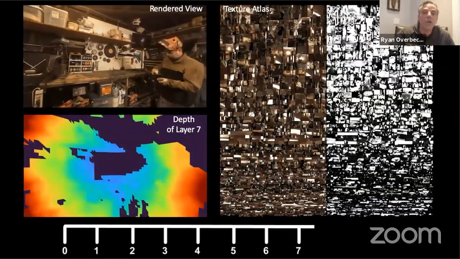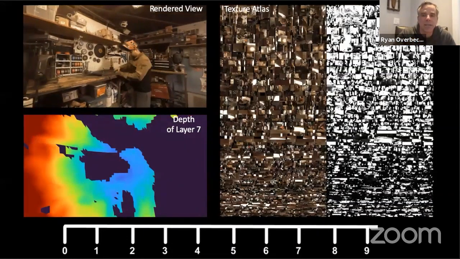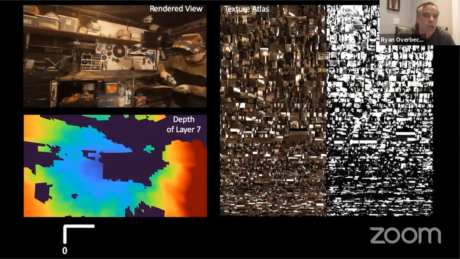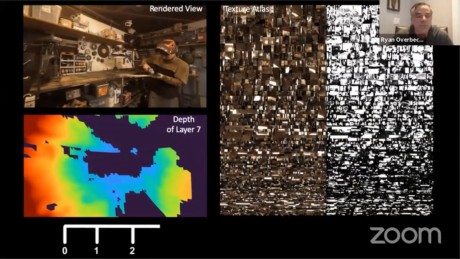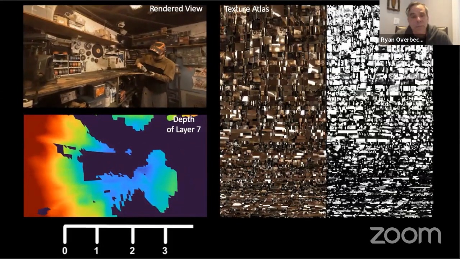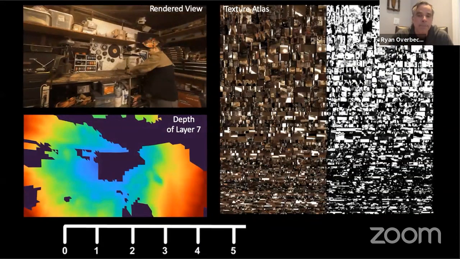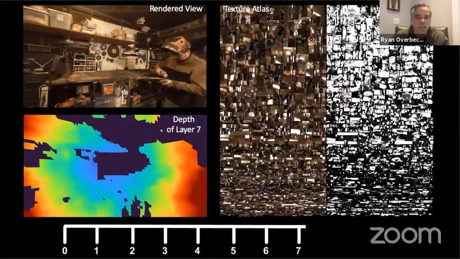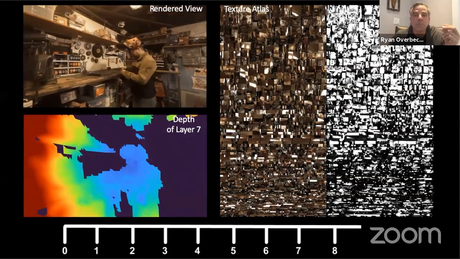So as you can see, we end up with two synchronized data streams that we have to send to a client. One is the texture atlas here on the right, which we can simply encode into an MP4 file encoded with H.264, HEVC, VP9, AV1, or whatever video codec we choose. And then the geometry on the lower left, we have our own very simple streaming format where for each GOP, we encode one mesh.